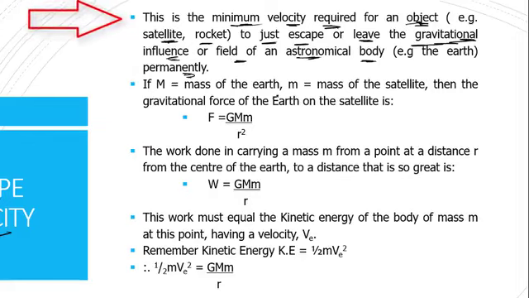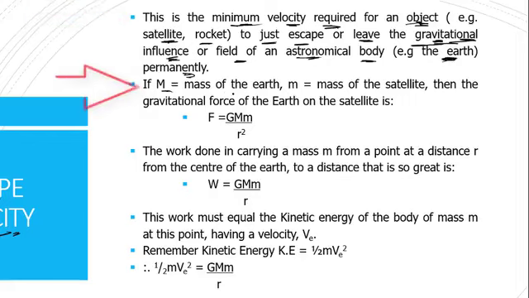Put simply, it is the minimum velocity required for an object to free itself from the gravitational influence. At that point, it is no longer under the influence of gravity. That is all we mean by escape velocity: the minimum velocity required for a body to escape the gravitational influence of an astronomical body, for instance that of the Earth.